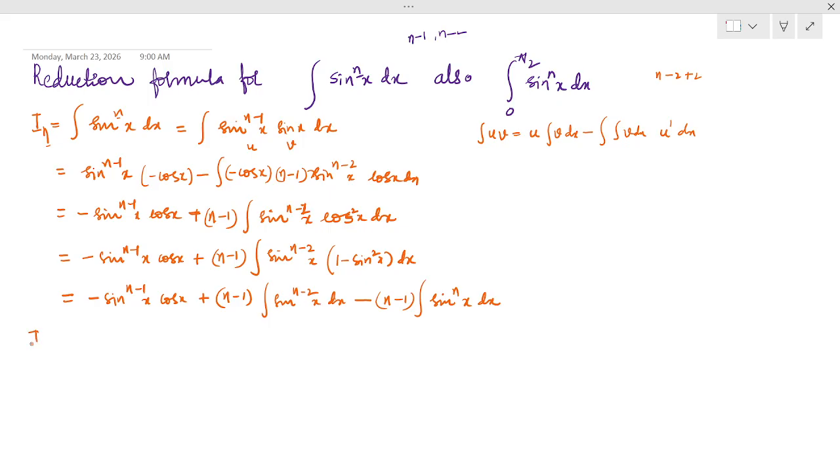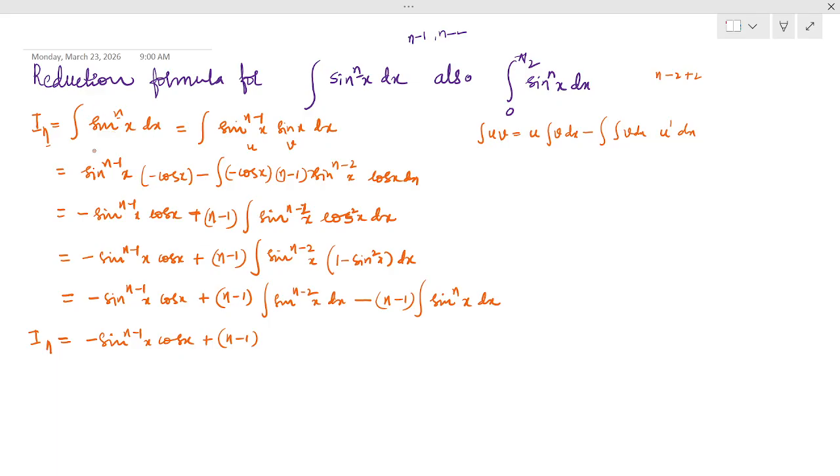As you know, we have started with I_n. Keep the first term as it is, minus sin raised to n minus 1 x into cos x plus n minus 1 into, look, when there is I_n, it is the integral of sin raised to n x. We'll go in the reverse order.